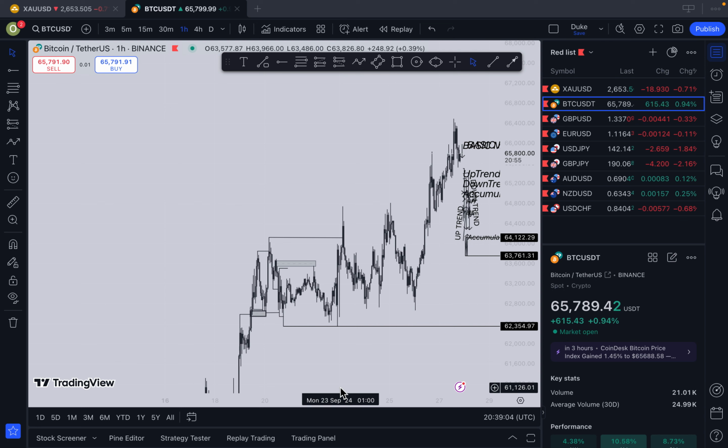If it doesn't break it, that means the price might change, the trend might change. So for this to be valid, this higher low needs to break it to the upside. Same thing after forming a higher low, it broke it to the upside. Then the same thing happened again.